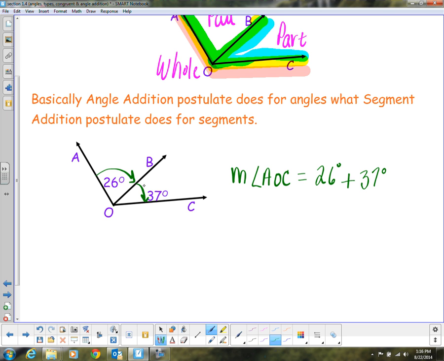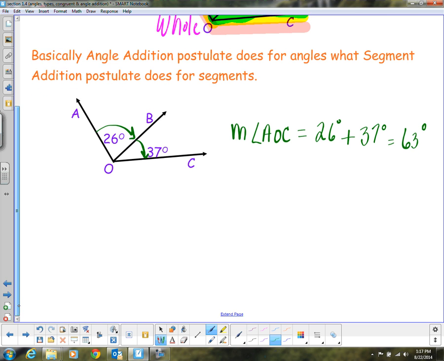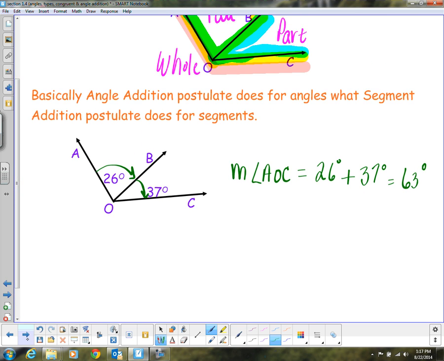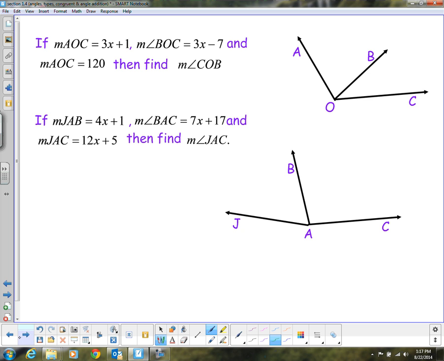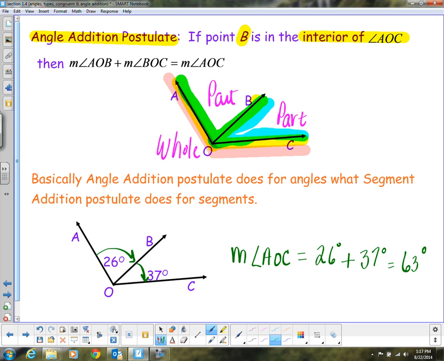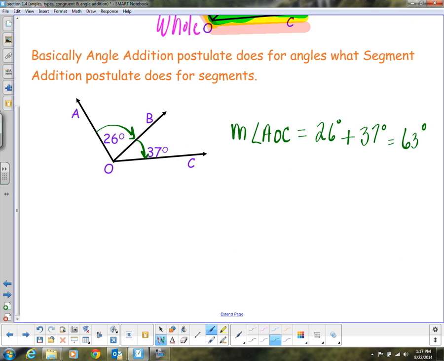So if you take these two angles and make a bigger angle, then their sum is going to be 63 degrees. That's what our angle addition postulate is telling us. All right, so maybe we should stay here. Maybe I should do another example.